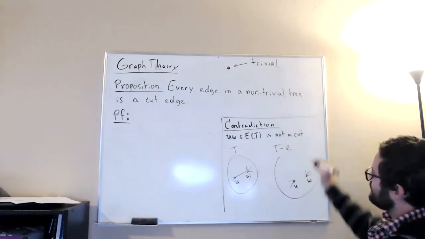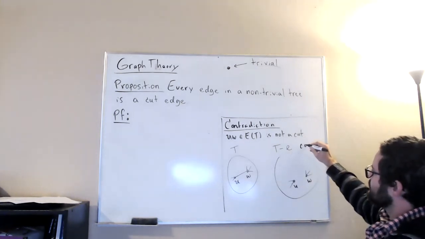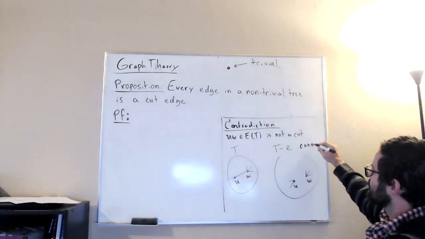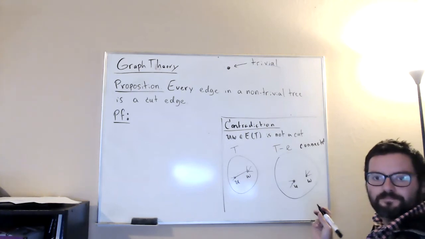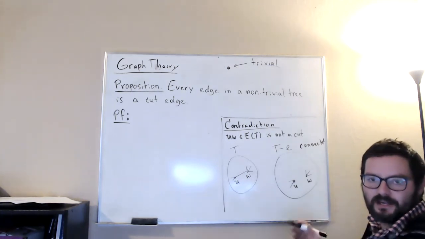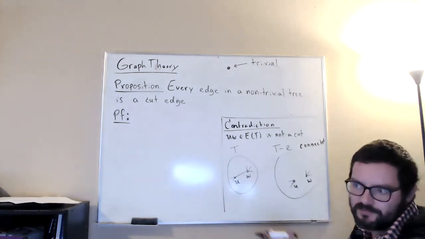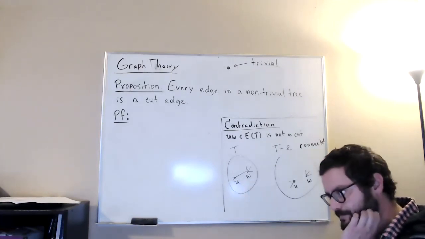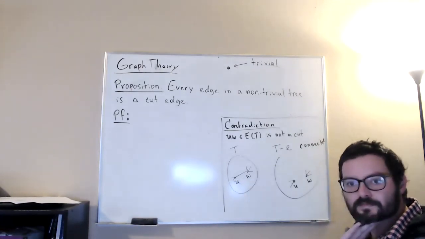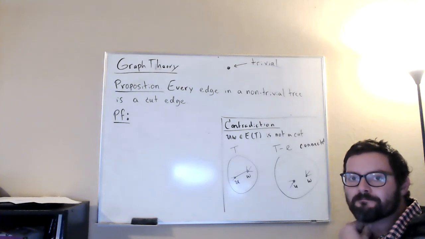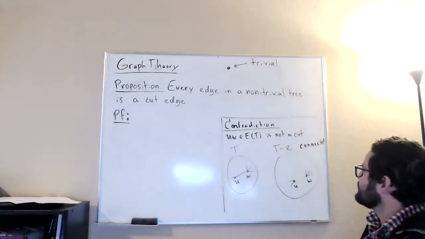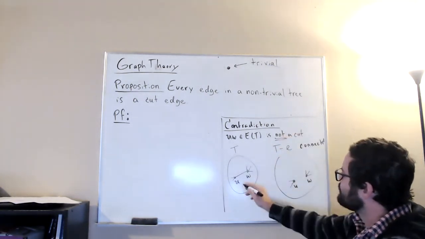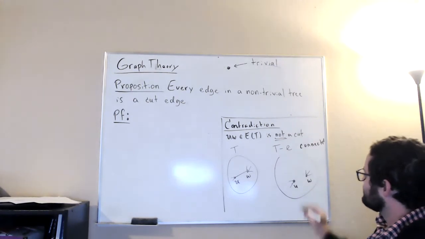If it's not a cut edge, then this must be connected. If it's not a cut edge and we remove it, then the graph is still connected, right? Yes. So we can remove it and this thing here is still connected.